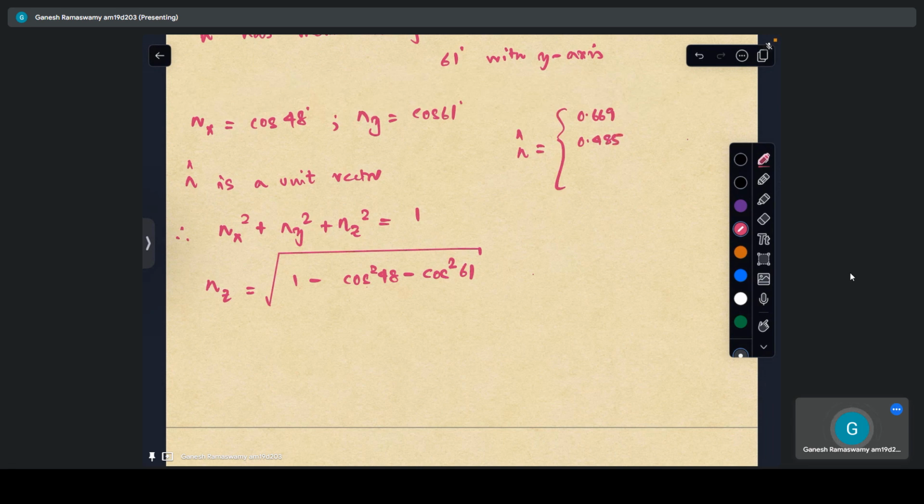So 1 minus cos 48 squared, so 1 minus this, minus cos 61 squared. So this third quantity comes out to be 0.563. So we have got our normal vector to the plane of our interest.